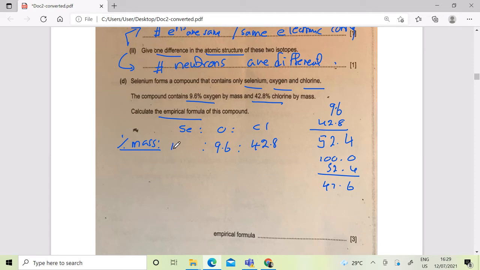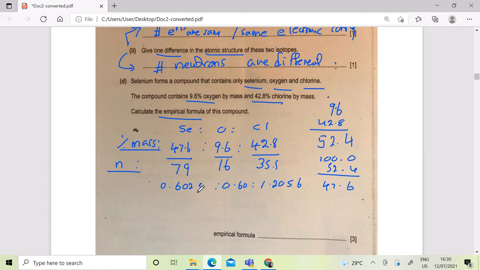We'll write over there 47.6. Now you need to find the number of moles, by dividing by the atomic mass, so this should be divided by 79, 16 and 35.5. You can find the atomic masses from the periodic table. You will end up with the simplest molar ratio: 0.6025, 0.60, and here 1.2056.